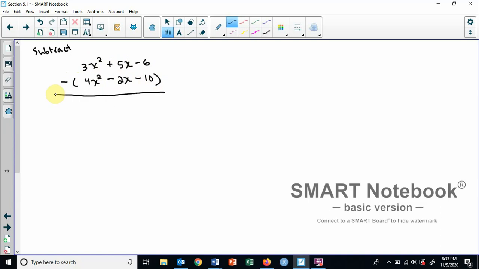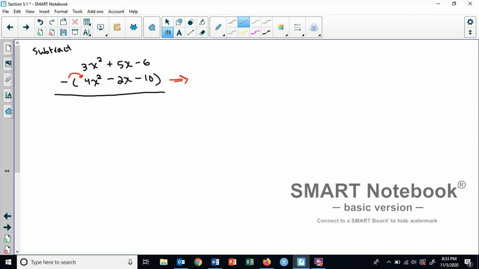And remember, I cannot subtract. I need to distribute this subtraction, and it's going to change all these signs, and then I just combine like terms. So I'm going to actually just write this over here.